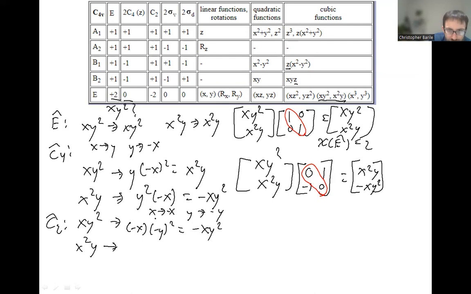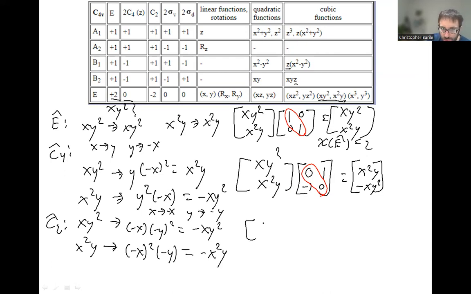X squared y, this is the other component of the function that's transforming together. Well, x went to negative x, so negative x squared, and y went to negative y. So we end up with, again, negative of itself, negative x squared y.